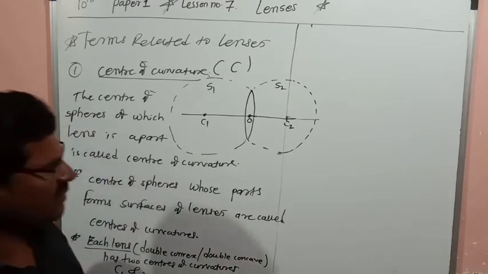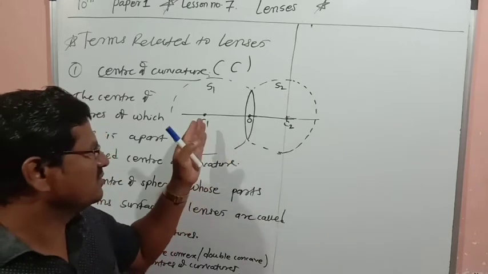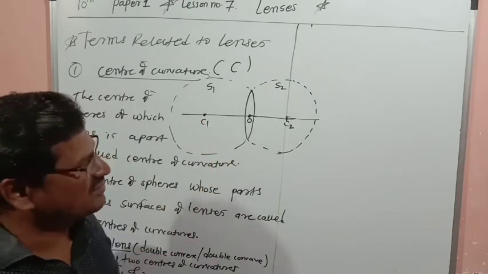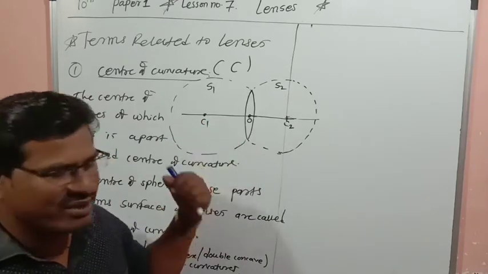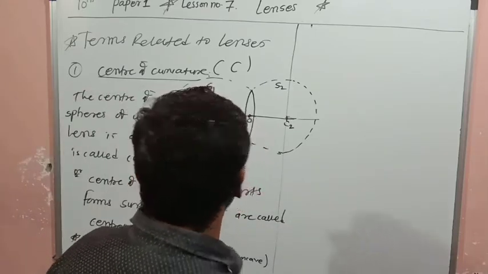This one we have taken for a convex lens. For a concave lens the same diagram will be there. We have drawn that diagram before this.